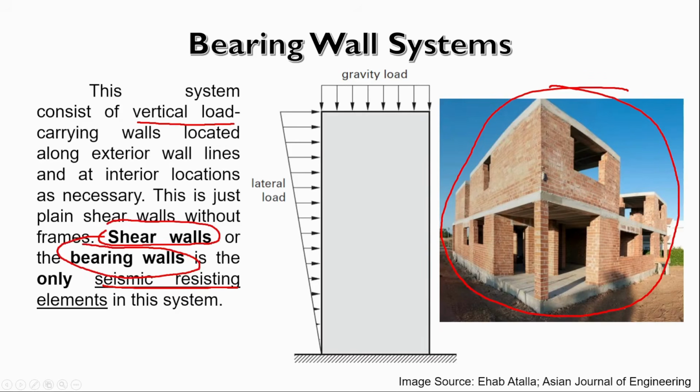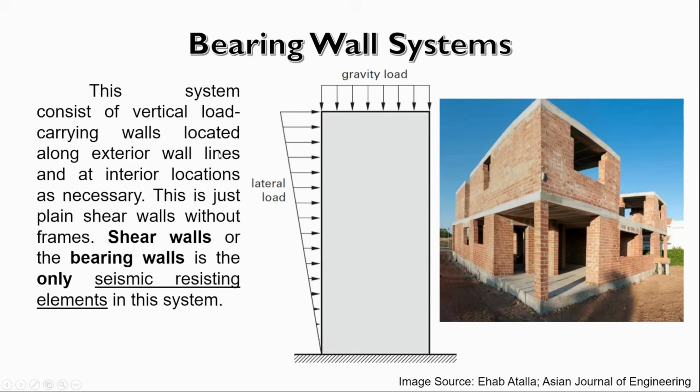As you can see, the problem with the bearing wall system is that there is no redundancy, meaning if the system fails, then it will be unstable. So it's much better to design structures with redundancy. What is the redundancy?